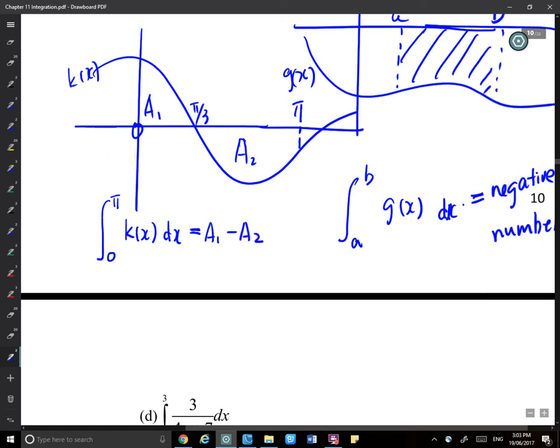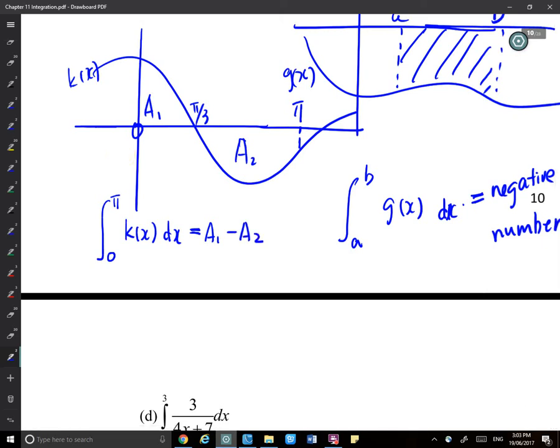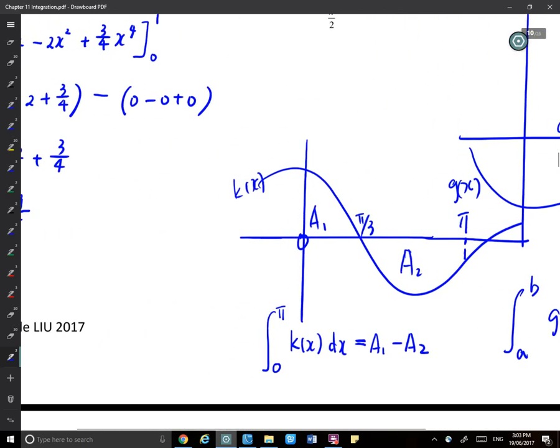That's the answer I will get, because they cancel each other: the below one I count as negative area, and the upper one I count as positive area. So you get the area A1 minus A2, not the actual A1 plus A2.